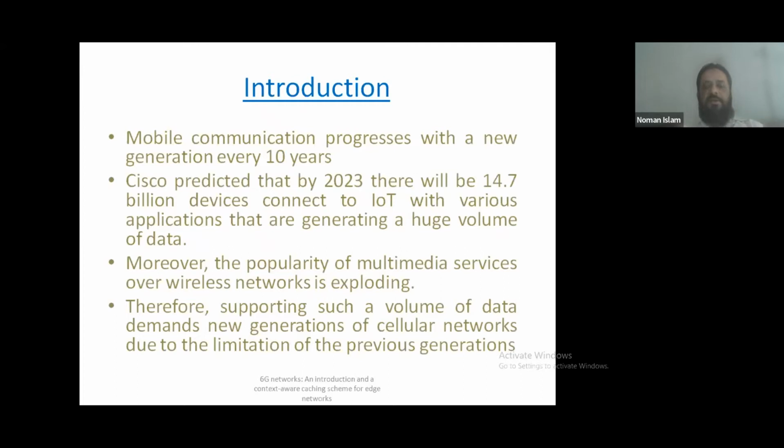So we know that mobile communication has progressed over the years in such a way that after every 10 years, there is a new generation.